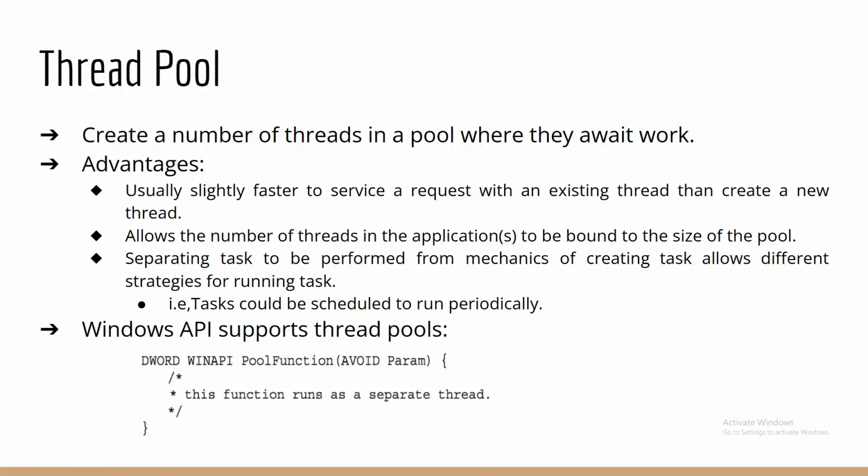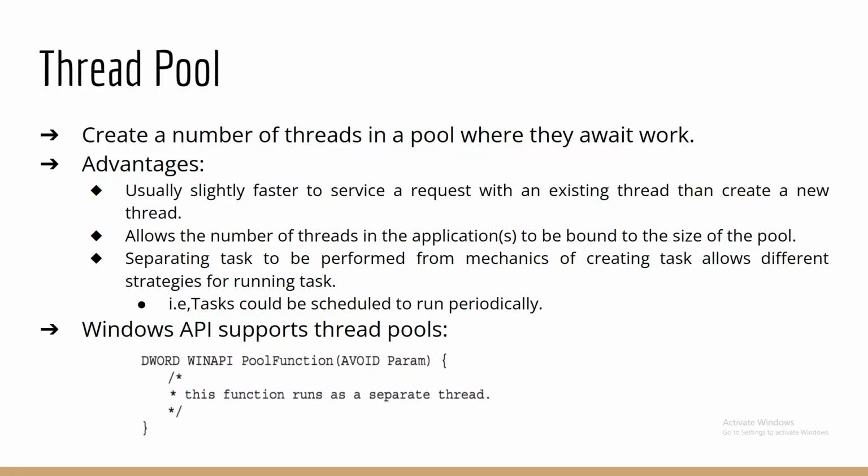So, what is a thread pool? The general idea is to create a number of threads at the start of the program and place them in a pool where they sit and wait for work. Think of a web server. Instead of creating a brand new thread for every single client request that comes in, which can be inefficient, the server can just grab an idle thread from the pool to handle the request.